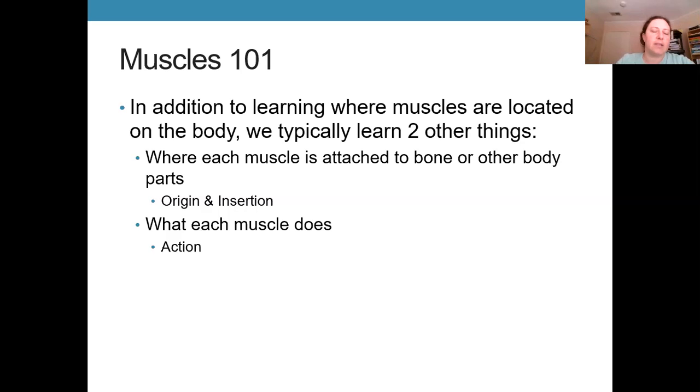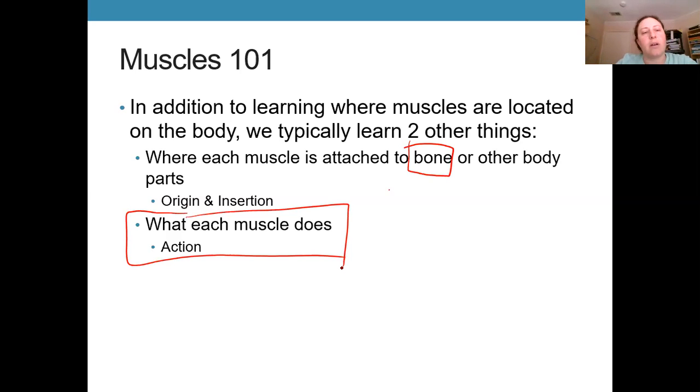We typically specifically talk about how or where it's attached to other body parts. And usually that does mean attachment to bone, but occasionally it does mean attachment to other things. And then the other thing we like to know is what the muscle does. So we call that the muscle action, or actions plural, because a lot of muscles have multiple actions.